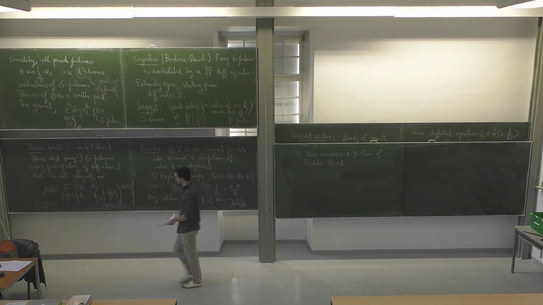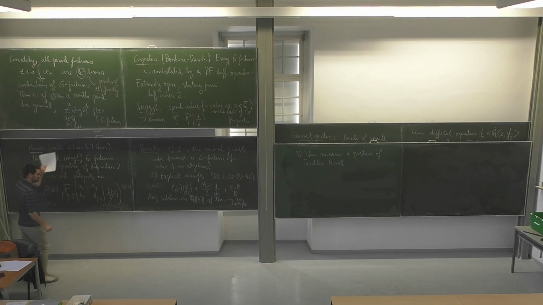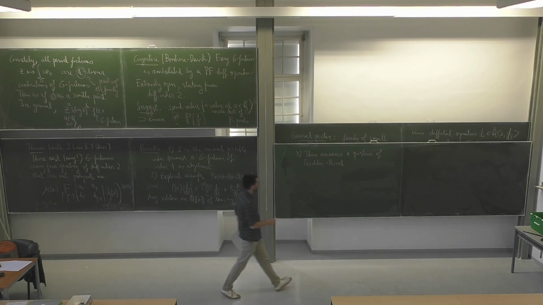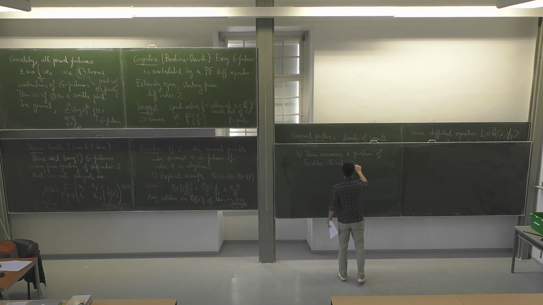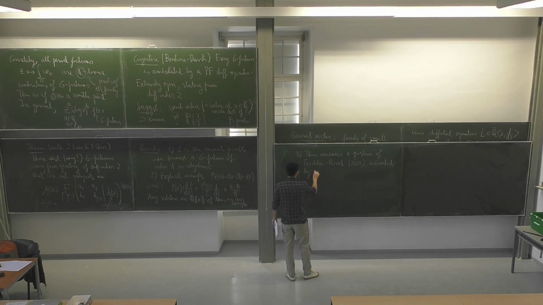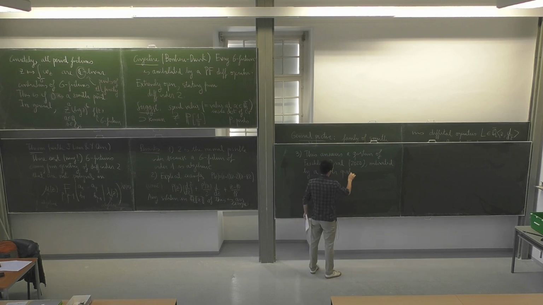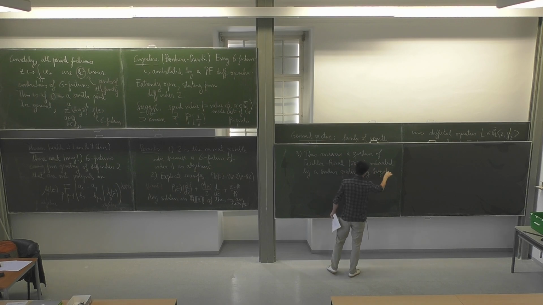The question they ask is, do there exist G functions which are not polynomials? So this is maybe 2020, and this was motivated by a similar question by Siegel in his original paper for E functions.